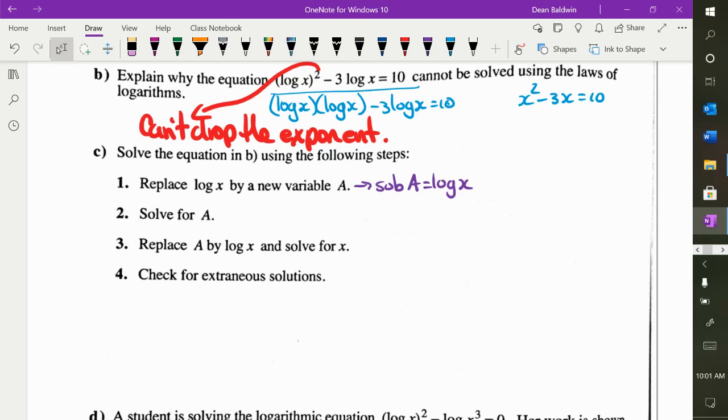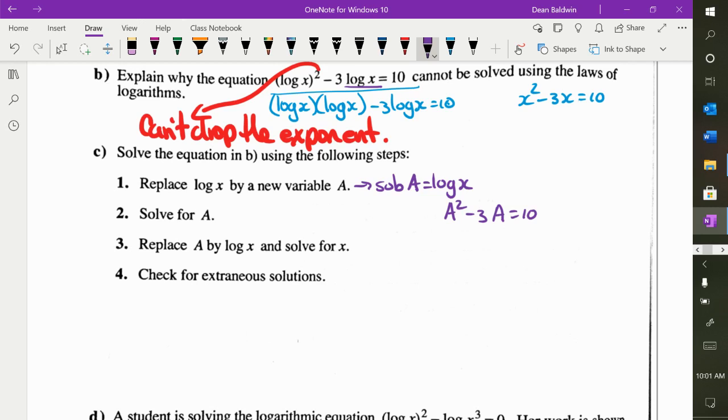So if I say a is equal to log x, that means everywhere there's a log x in this equation, I rewrite it as an a. So log x squared becomes a squared minus 3a equals 10. So this equation now becomes this.